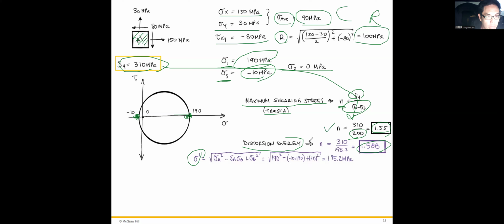So which one is conservative, maximum shear or the distortion energy method? The maximum shear is conservative, because its safety factor is lower than that of the distortion energy method.